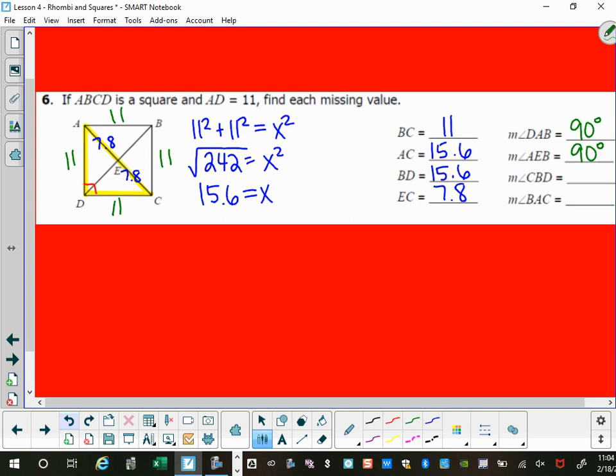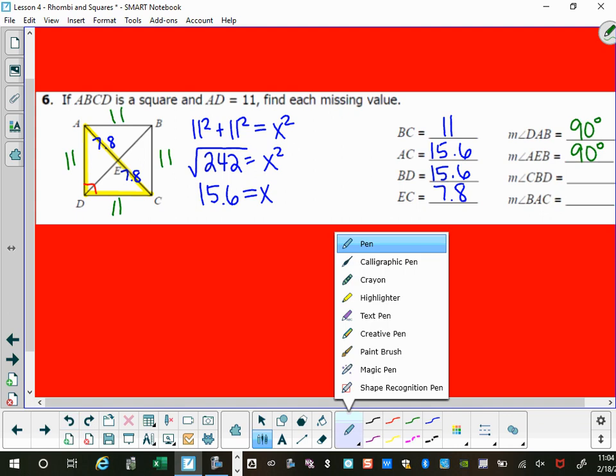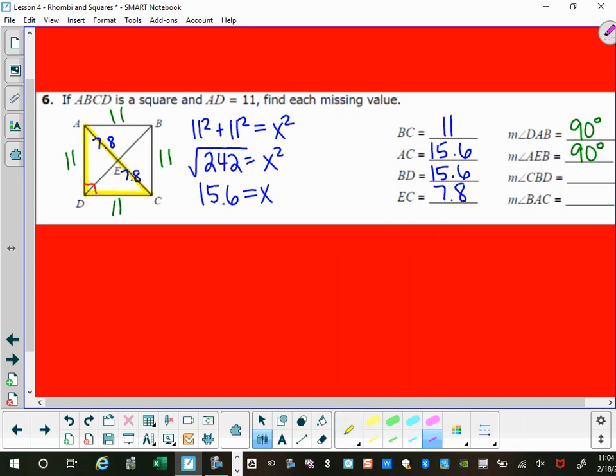All right, the measure of CBD. So CB and down to D. That's just one part of the corner. So what's half of 90? 45. So that part of the angle is 45 degrees. And last, BAC.